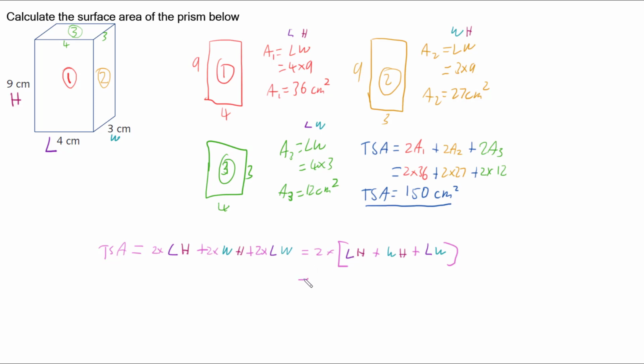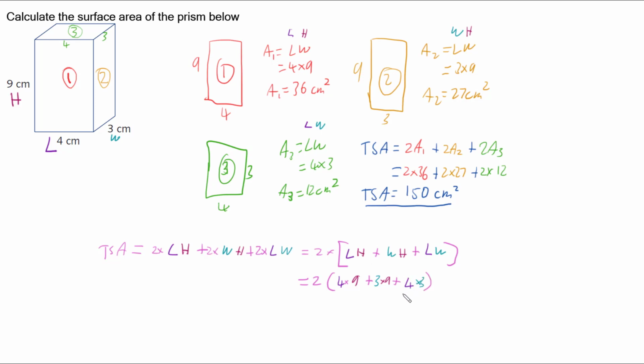So if I do this, I can have 2 times the length, which is 4, times the height, which is 9, plus the width, which is 3, times the height, which is 9, plus the length, which is 4, times the width, which is 3.